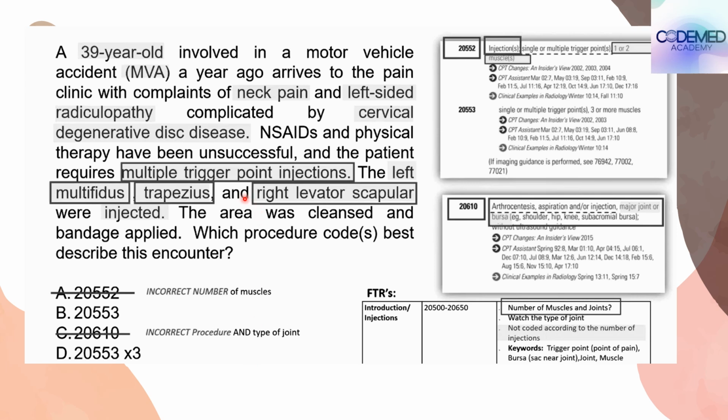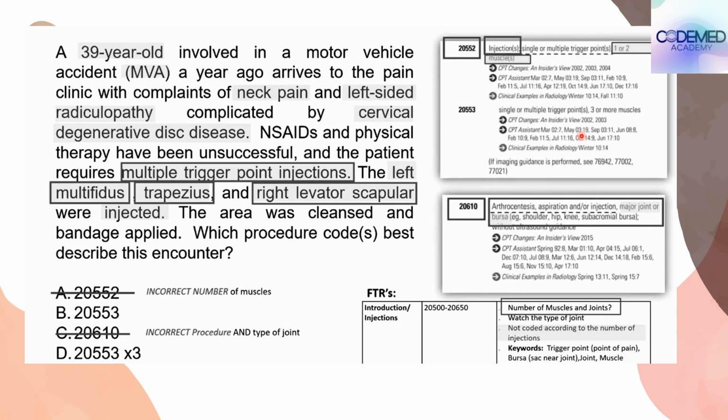So let us see our answer. This is the case of trigger point injections, given into three muscles. What are these? Left multifidus, trapezius and right levator scapulae. So let us see our first option. It is 20552. It talks about injection, single or multiple, but one or two muscles, and we count the number of muscles. Now let us see code 20553.